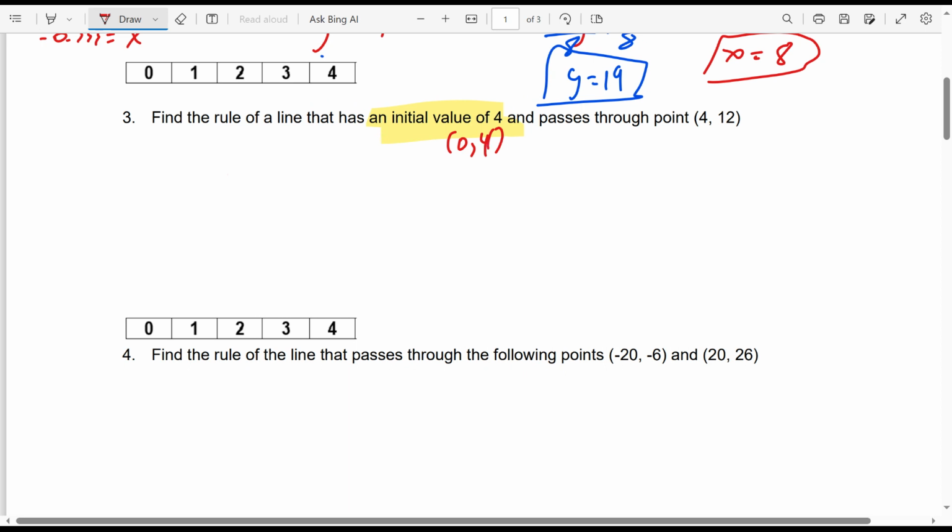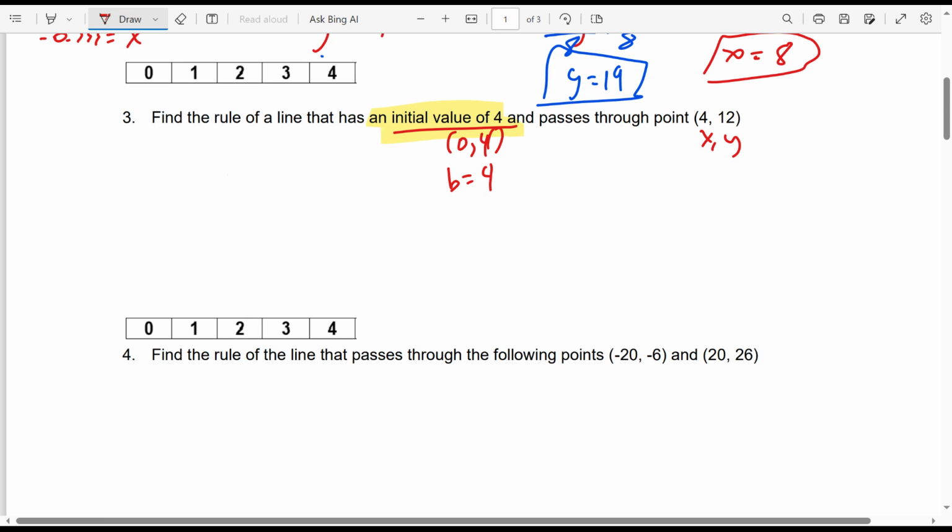If it's saying that I have an initial value of 4 and it passes through points 4 and 12, then I'm going to say that that's an xy, and initial value is actually my b.